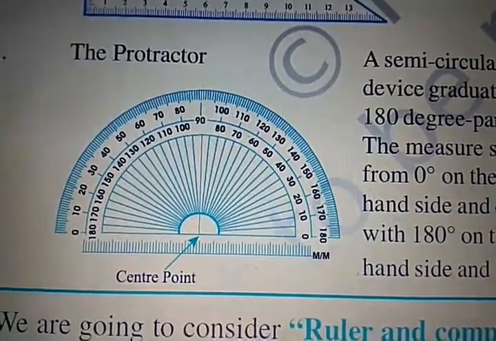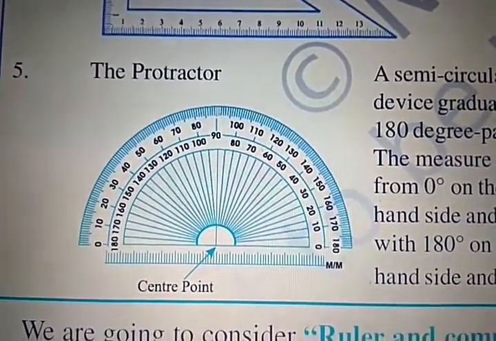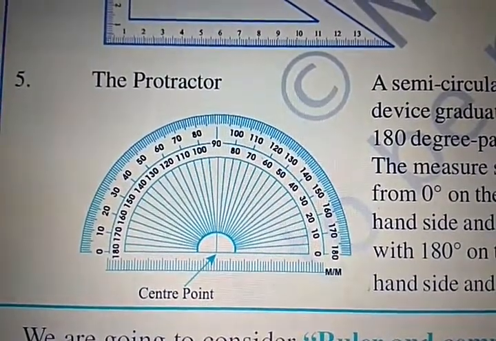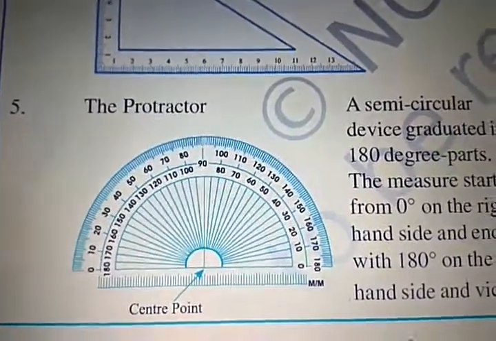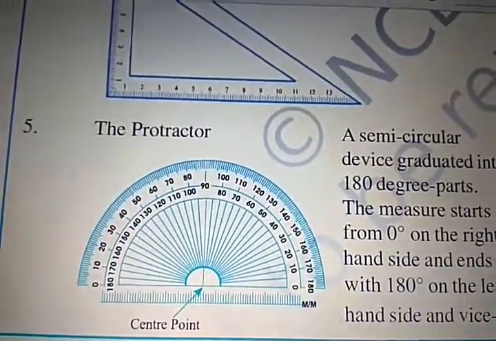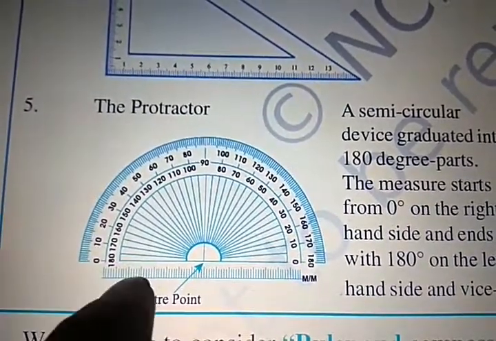This semicircular figure is known as the protractor, and the protractor is used to draw different angles. You see how to draw an angle, right?